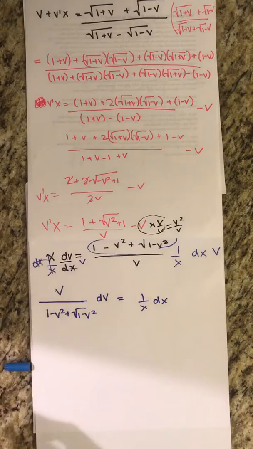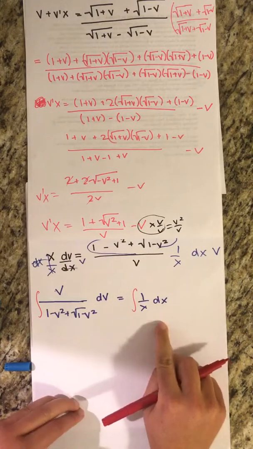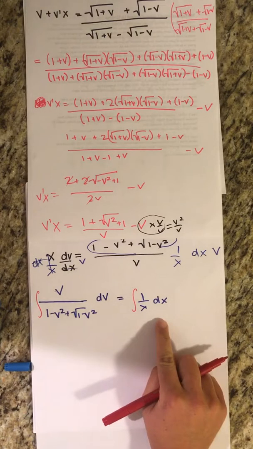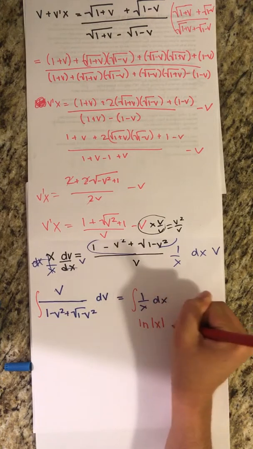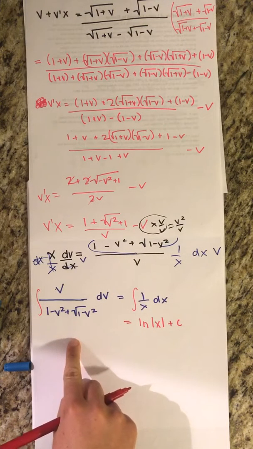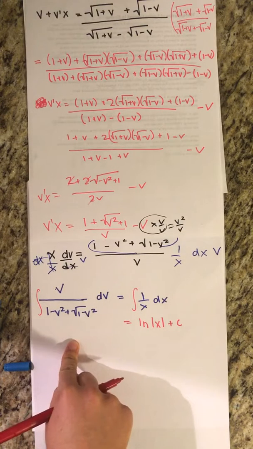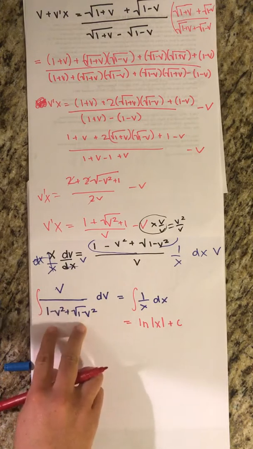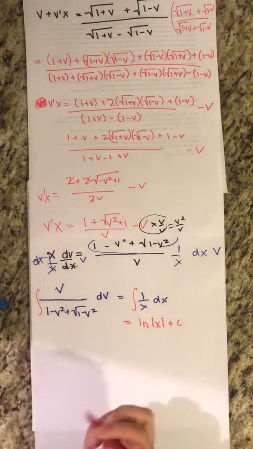And then what you want to do is take the integral, and this side's easy. For this side, it would just be the ln of absolute value of x plus c. And for this side, what you want to do is take this and partial fraction decompose it.